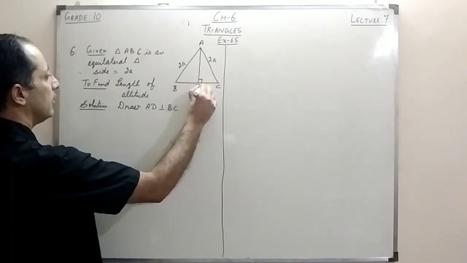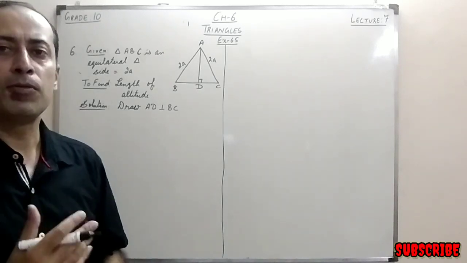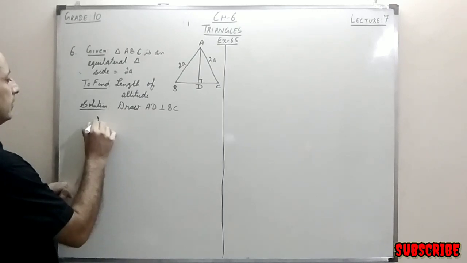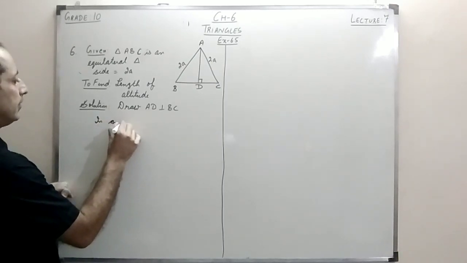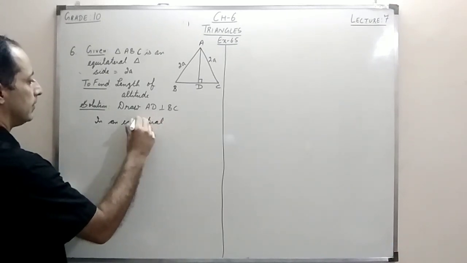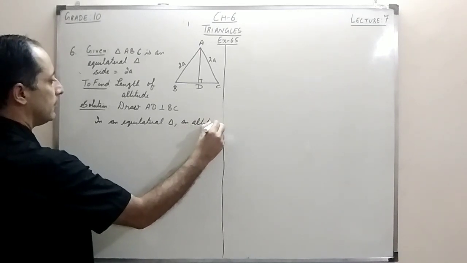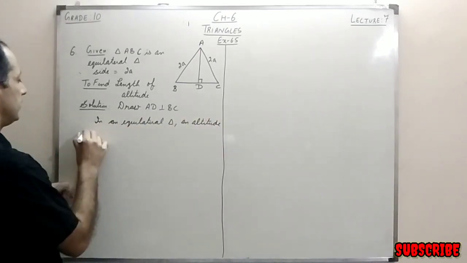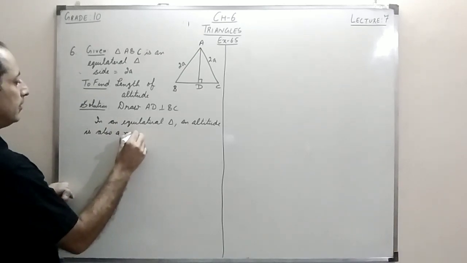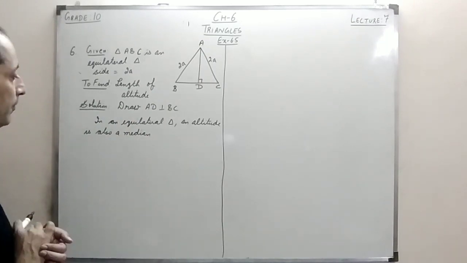Now in an equilateral triangle the altitudes are also medians. So we write, in an equilateral triangle, an altitude is also a median. What does it mean? This means that D is the midpoint of BC.